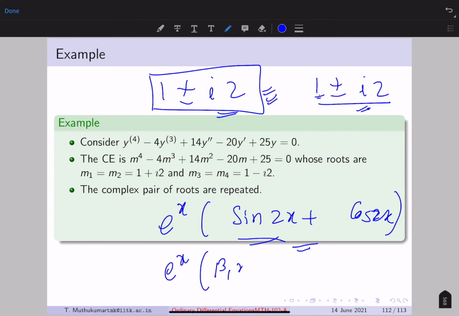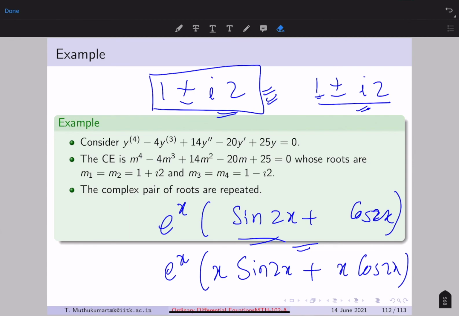For the other part, you take the same thing but multiplied by x. Right? Why? As I said, in this case, e power ax is e power x sine 2x, e power x cos 2x. Whereas in this case, you cannot choose the same.